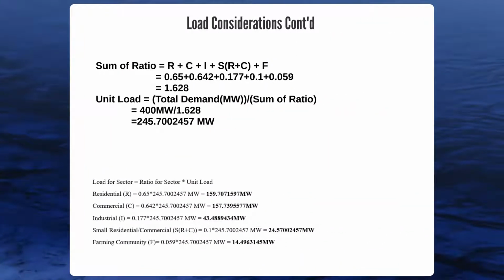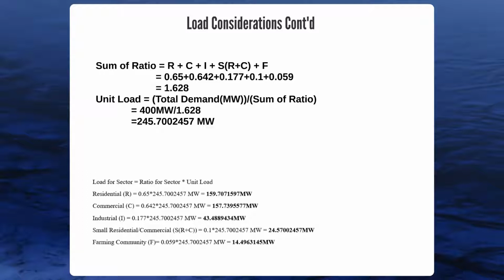To find out the active power needed by each sector, first we have to find out the unit load. That is basically the load needed for the ratio 1:1. So to find this, all we did was divide the total demand by the sum of ratios, and that resulted in 245.7 megawatt.